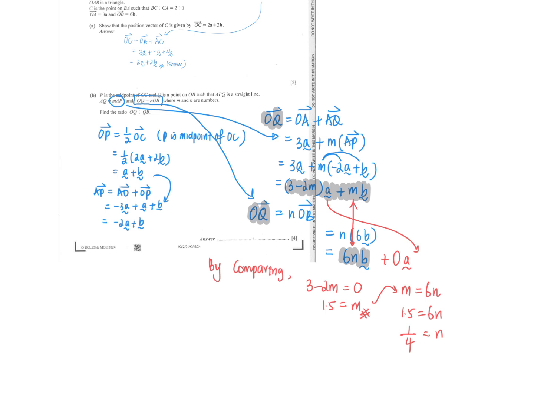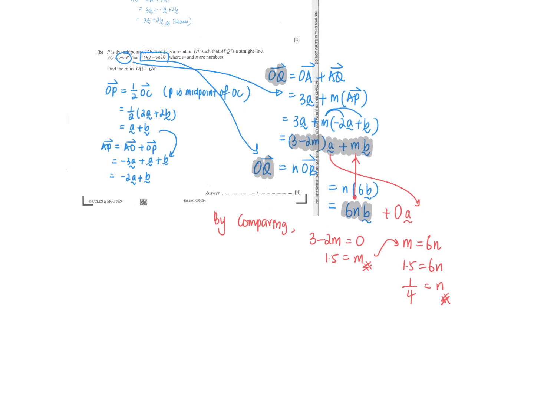Okay. So once you have solved for N and M, now the question says, can you give me the ratio between OQ and QB? Yes? 1.5? Yeah, divide by 6. You get 1/4. You check.